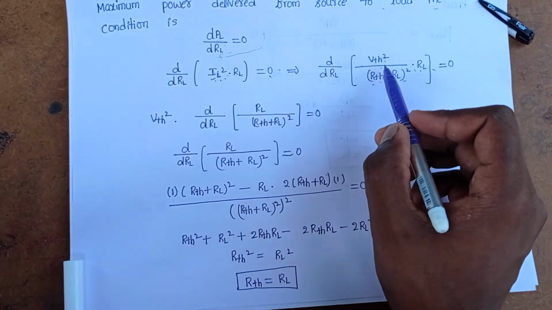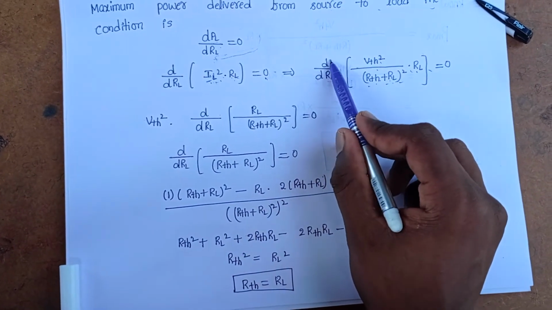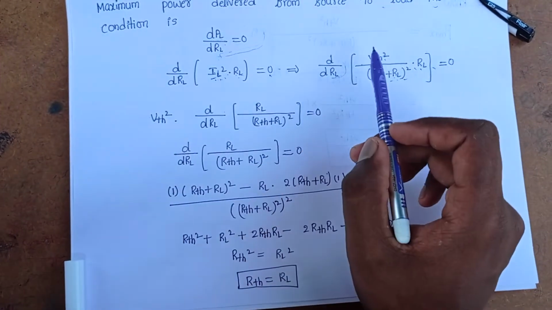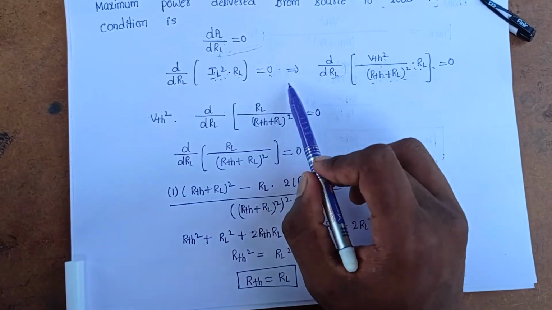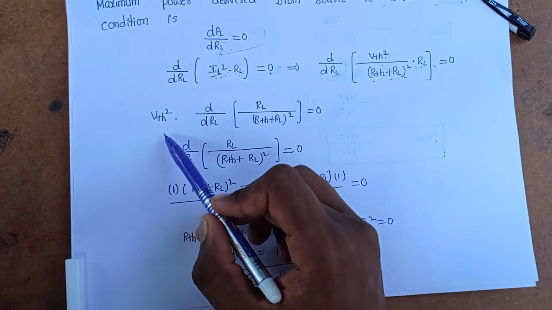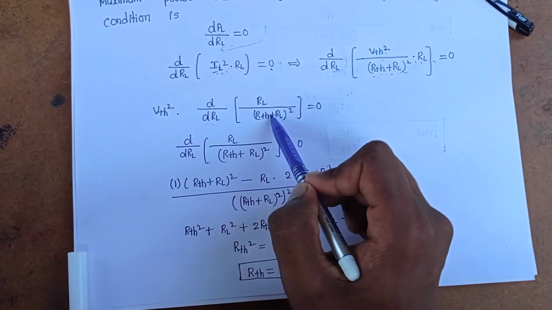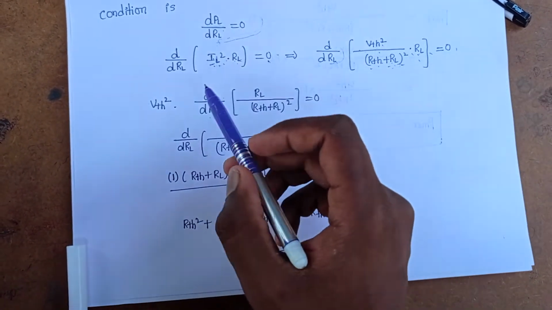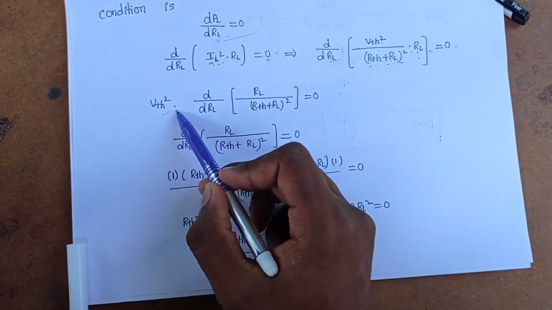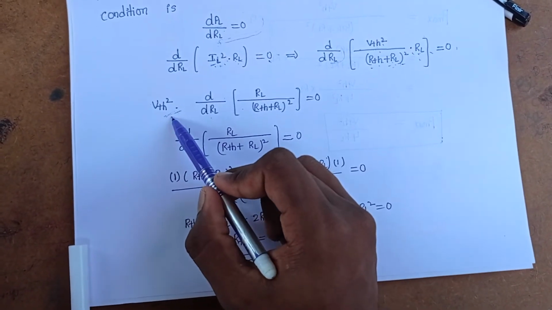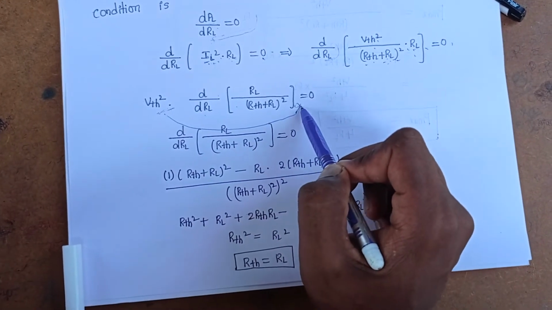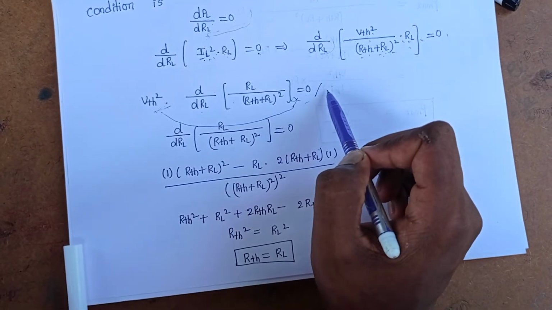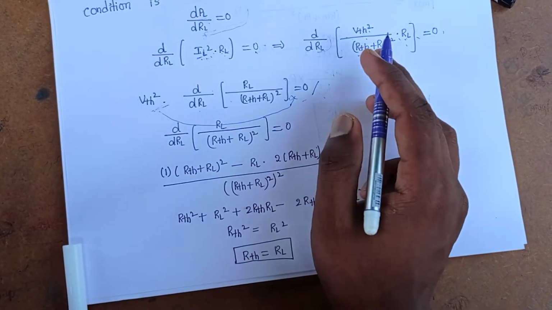Here we are differentiating with respect to RL, so VTH is constant. Keep the constant outside of the differentiation: VTH squared into d by dRL of RL by RTH plus RL whole squared, equal to 0. VTH squared is multiplied with this term, so we move it to the other side, where it is in the form of divided by. 0 by anything is 0.